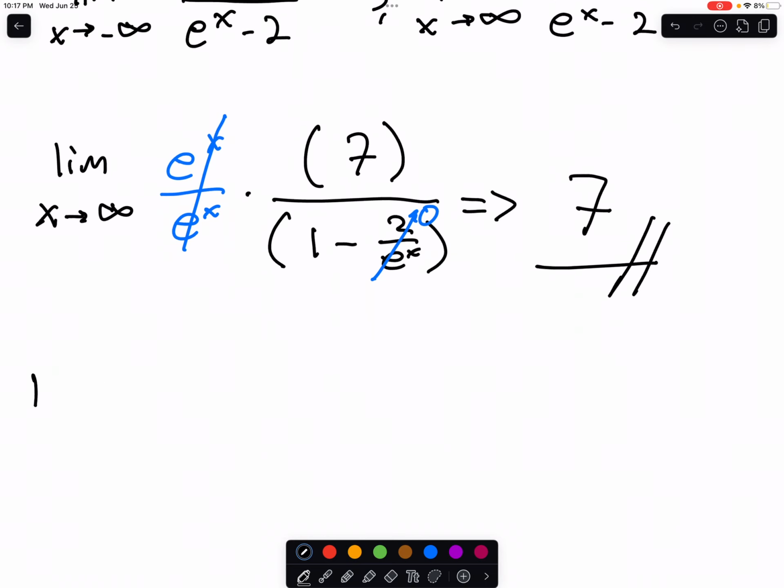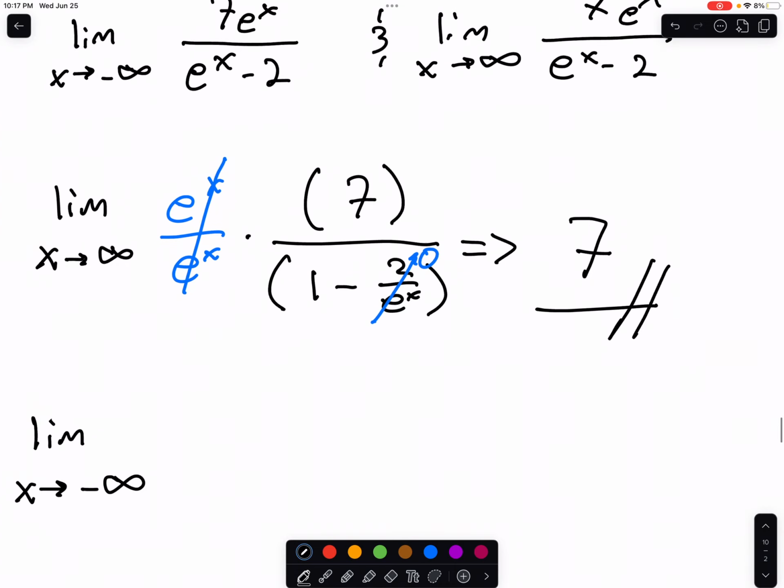So if we're going to consider the limit as x goes off to the far left, or negative infinity, again, we have this e to the x minus 2, 7e to the x. So remember, a negative power means it's a fraction. That will go to 0. Okay.